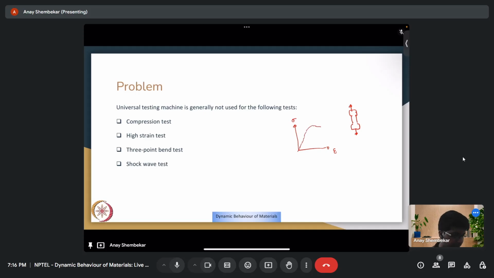From this, you estimate different parameters, which include your Young's modulus E, which is the slope of stress versus strain in the linear region. You also have your yield stress, where the linear elastic nature of the material ends and plasticity begins.